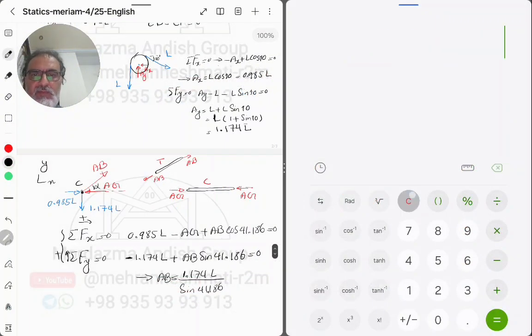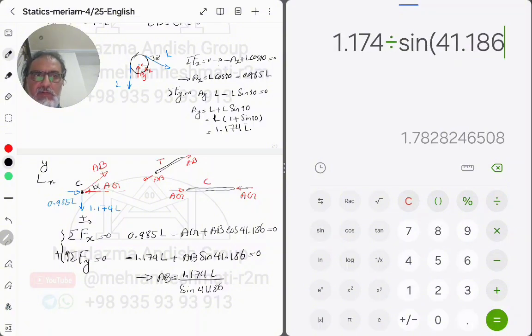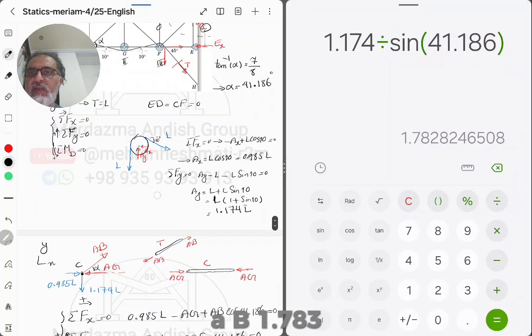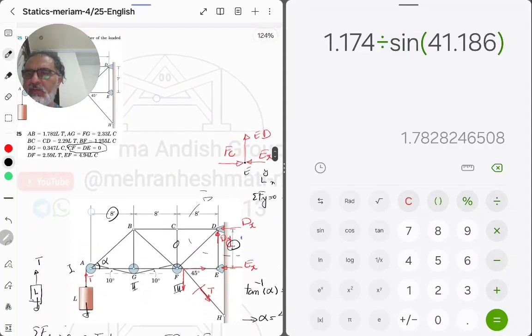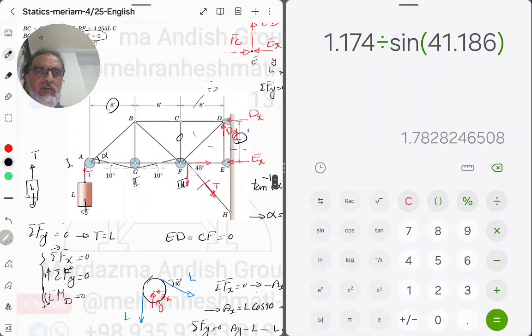So sine of, means AB is 1.783. It's correct, I think. 1.783.